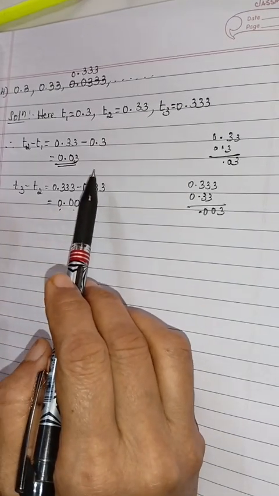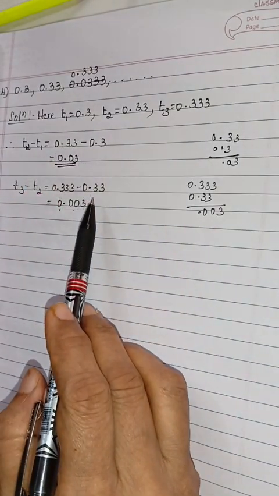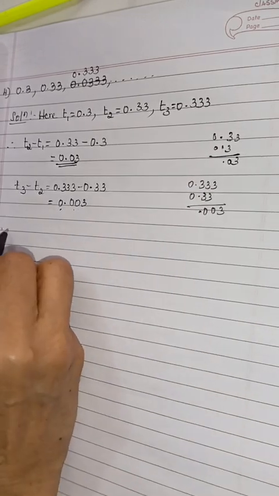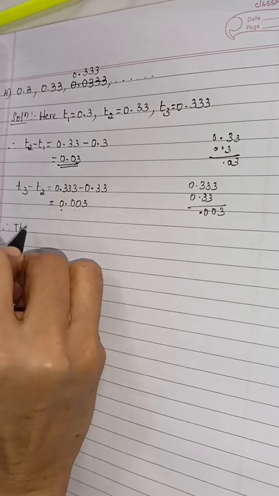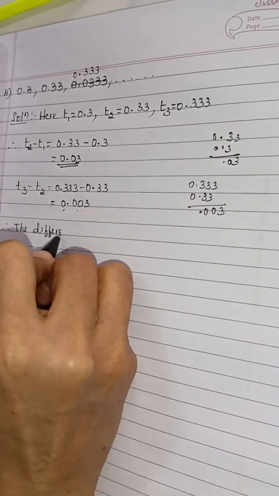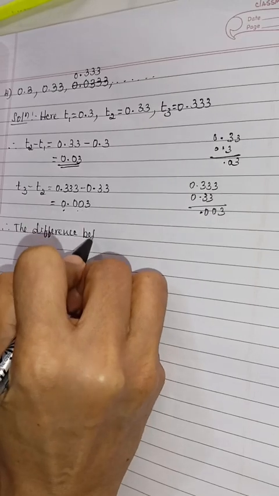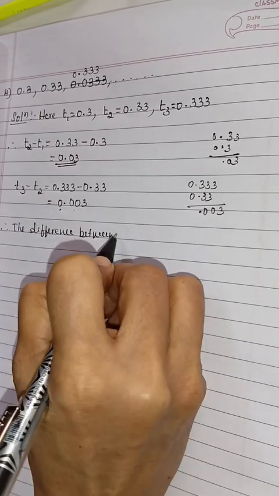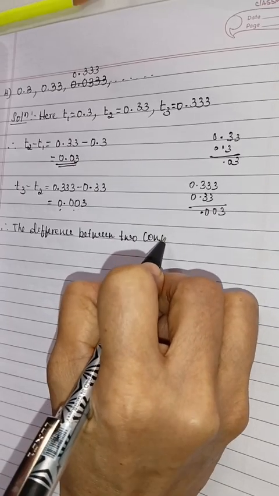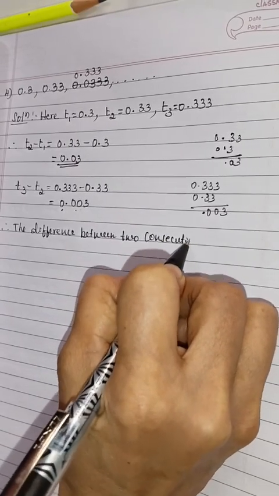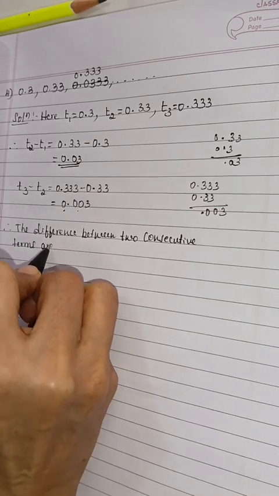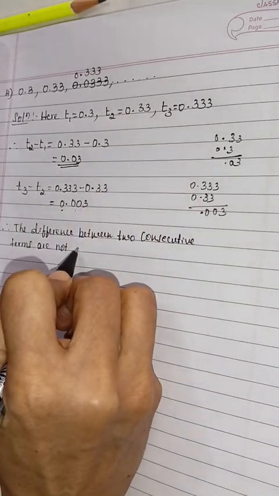Therefore the given sequence is not an arithmetic progression. Okay, therefore the difference between two consecutive terms is not constant.